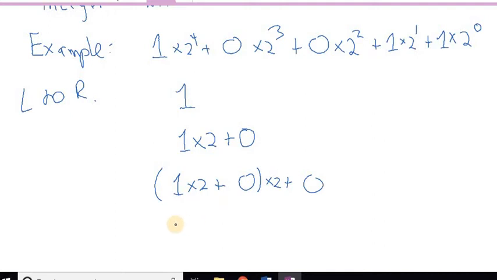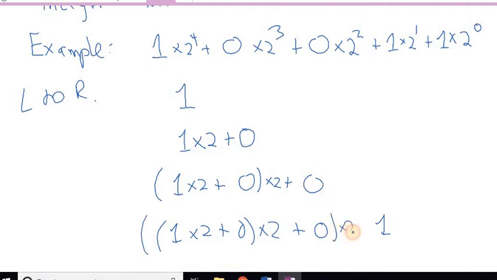Now if I add the next one, I'll have this same number, and then I have a 1 here. If I want to get 1 times 2 cubed plus 0 times 2 squared plus 0 times 2 plus 1, all I need to do is multiply this times 2 plus 1.